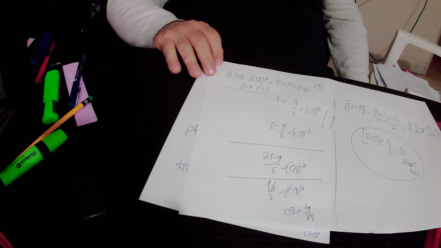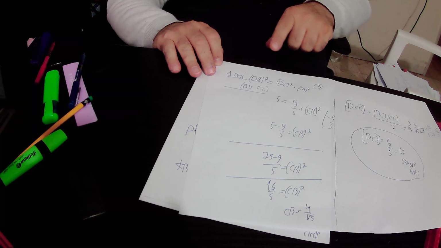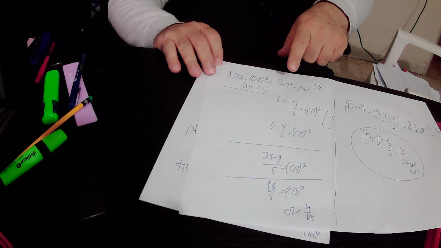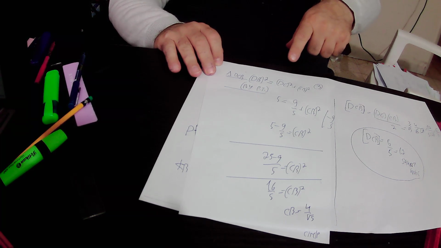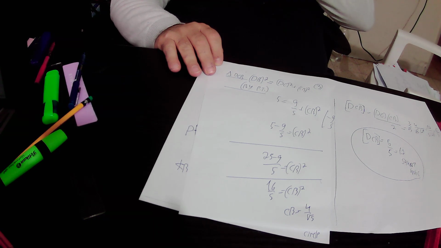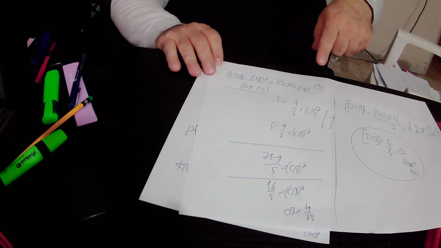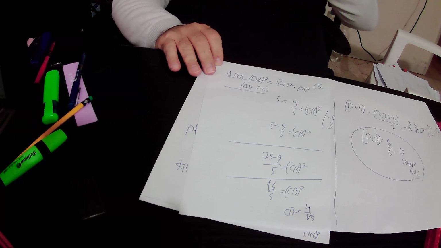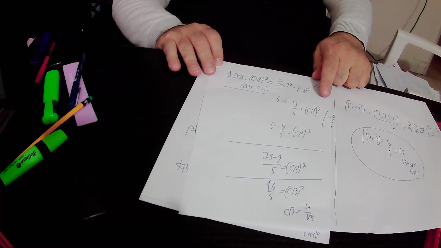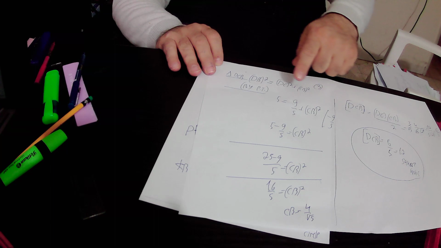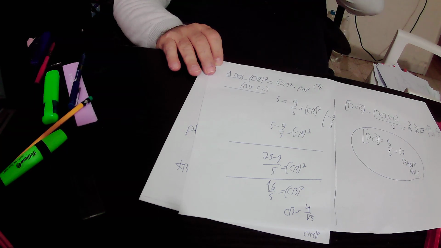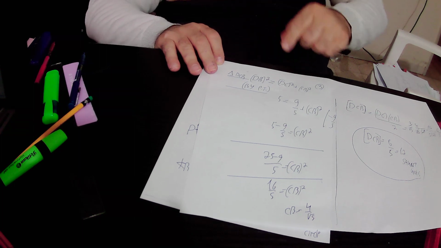According to the Pythagoras theorem, DB is equal to square root of 5, so DB square is equal to square root of 5 squared, that is 5. And it is equal to DC square. DC is 3 over square root of 5, therefore DC square is 9 over 5, plus CB square. We subtracted 9 over 5 from this equation. We found out that 5 minus 9/5 equals CB square.